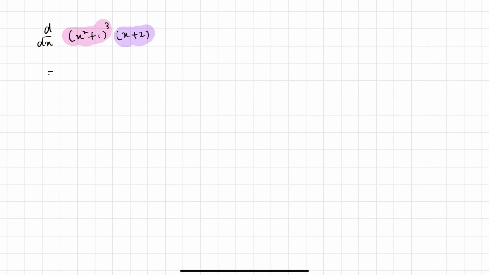If I differentiate the first one, then chain rule, which is differentiating the inside, 2x, and then multiplied by the original g(x), plus f(x), and then if we differentiate the purple one, which is g(x), that's just 1, so I'm not going to write it.